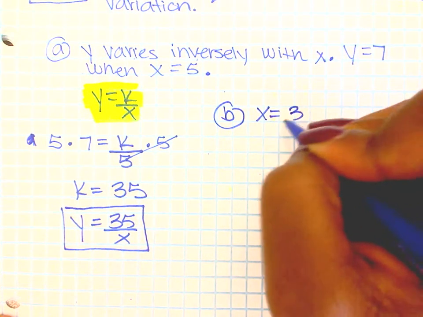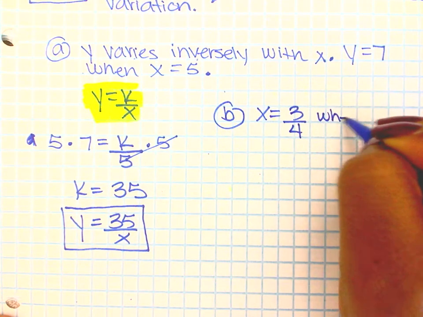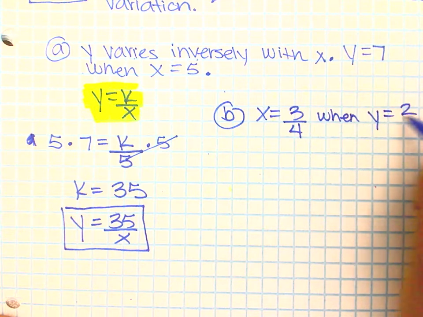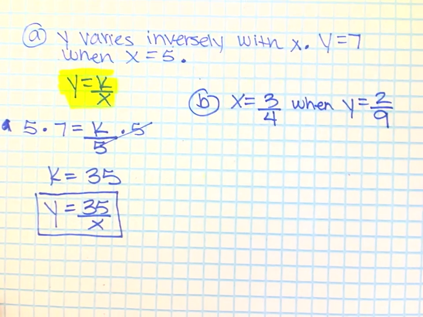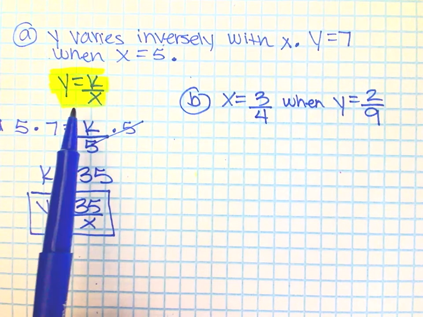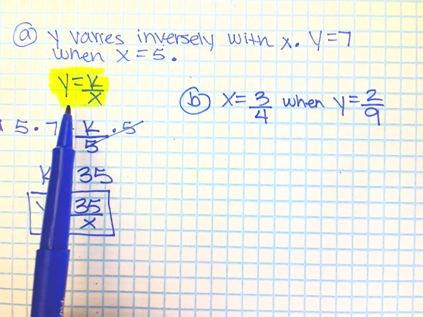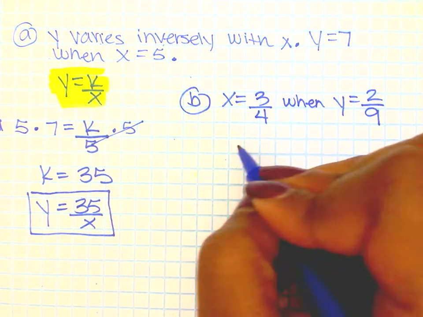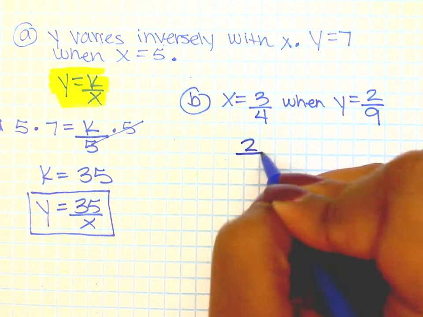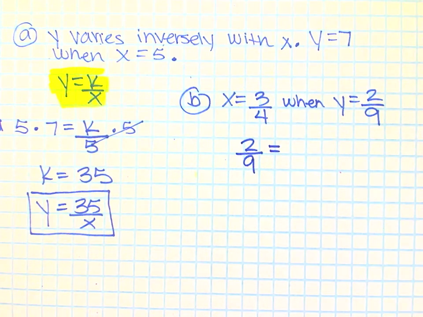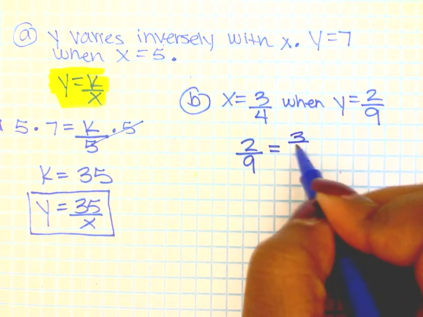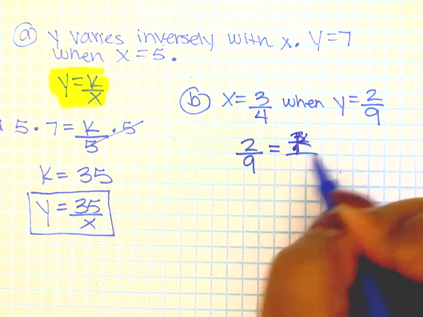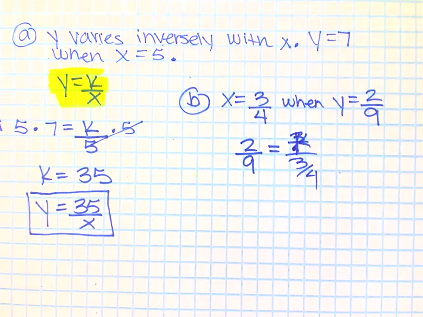X equals 3/4 when y equals 2/9. This is what I want it to look like, correct? So y is 2/9 equals k over 3/4. Can I write my equation like that?